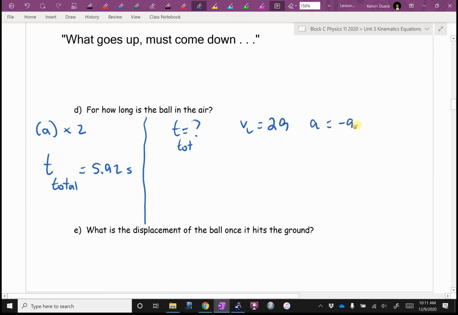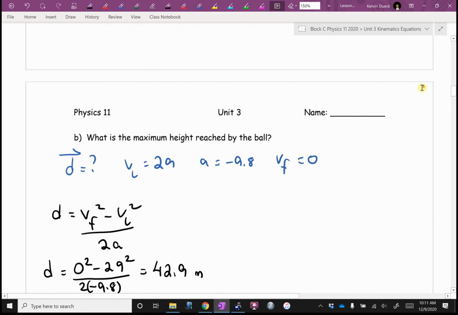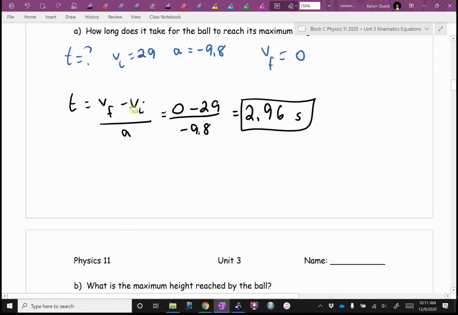Negative 9.8. What was V final when I hit the ground that we just wrote in part C? Negative 29. Looking for an equation that has a T, a VI, an A, and a VF in it. There is one. Turns out it's the same equation as we used right here, just different values.